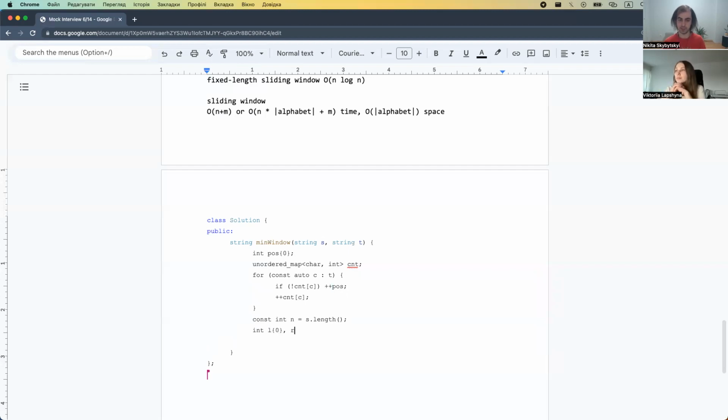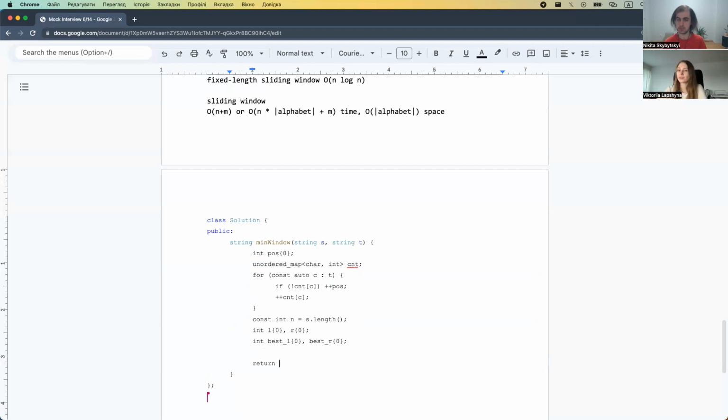Left 0, right 0. Answer. I'll keep best L, best R. Why do you want to keep the indices instead of just the length itself?